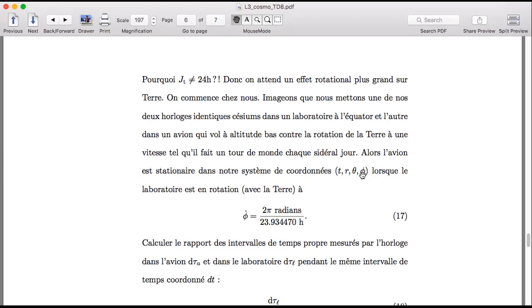So it would have a fixed phi coordinate, and that would demand that it flies at the rotation rate of the Earth, but in the opposite sense of the Earth.